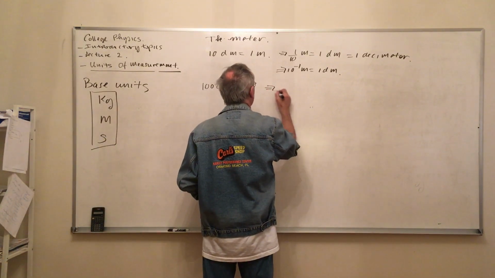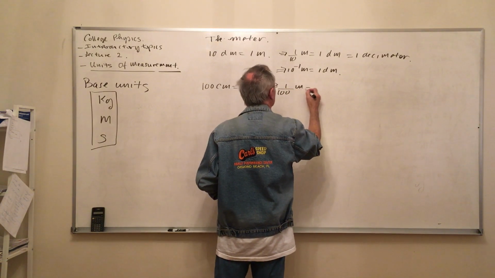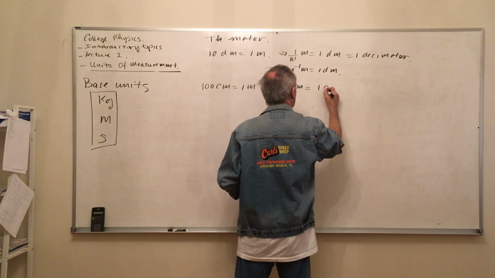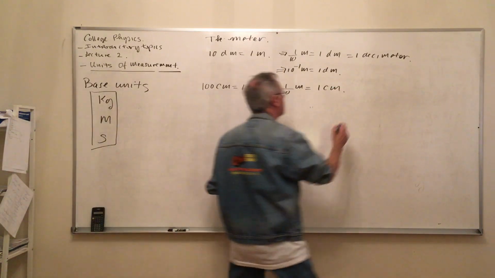So therefore, one centimeter is 1/100th of a meter.